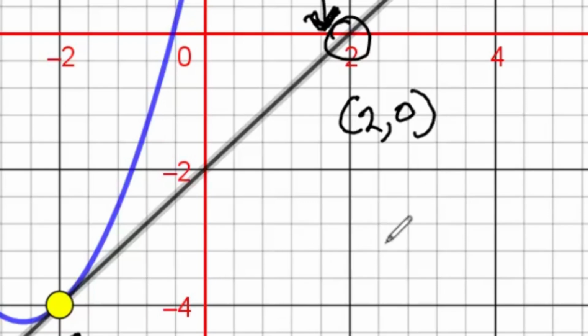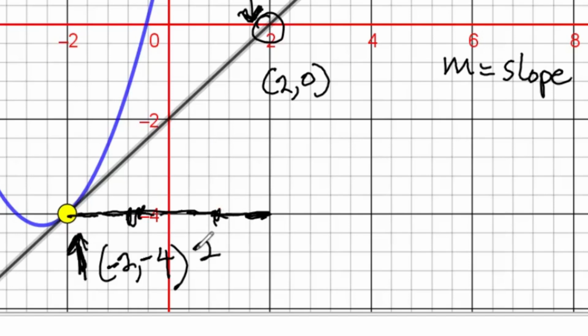Now, we do rise over run. If we draw a line from here to this place, we have two units. This is 1 and this is 2. And then if we draw another line down from where we have 2, we also have two units.